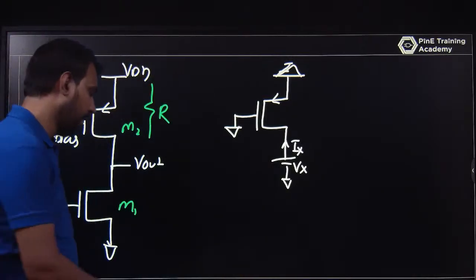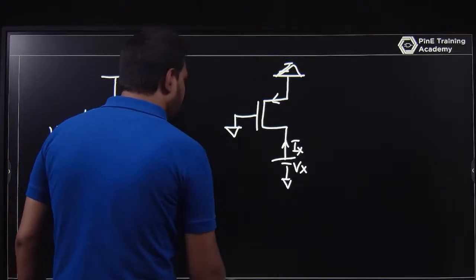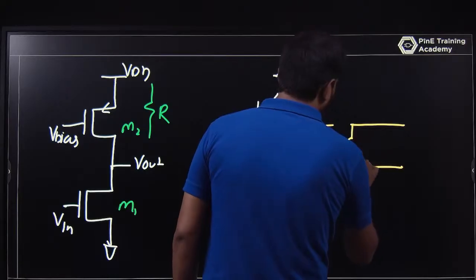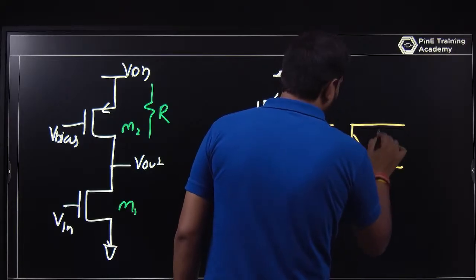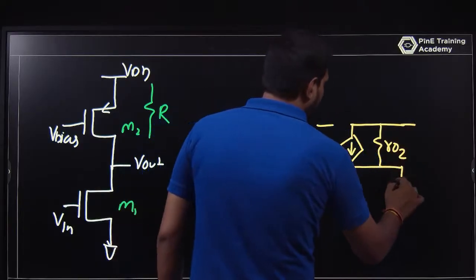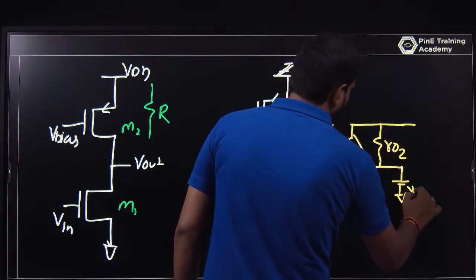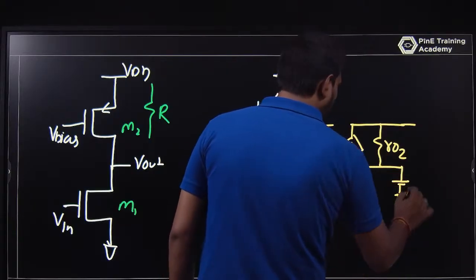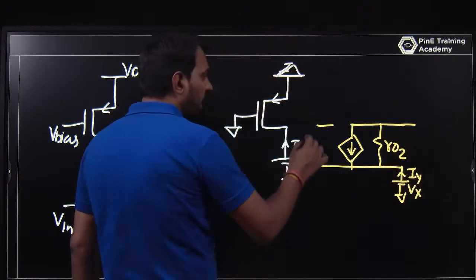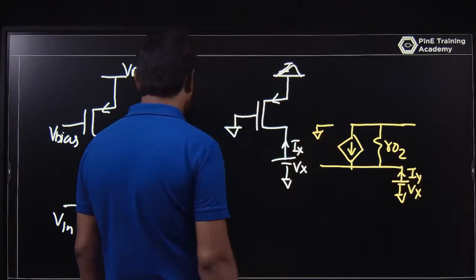If you make a small signal model of this circuit, it is like this. Here you have a Vx and you have an Ix. The gate voltage is 0.